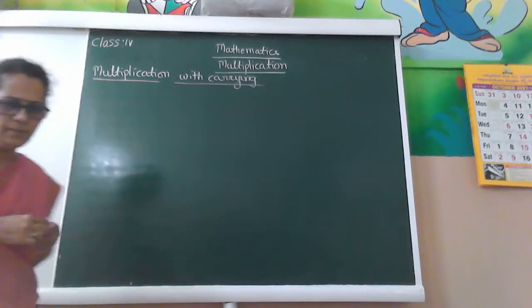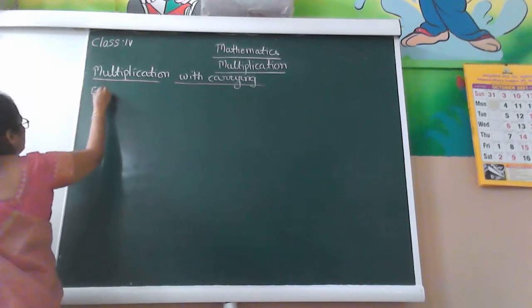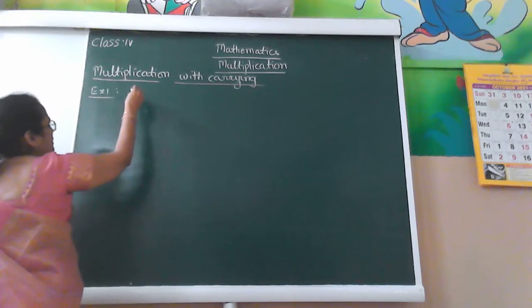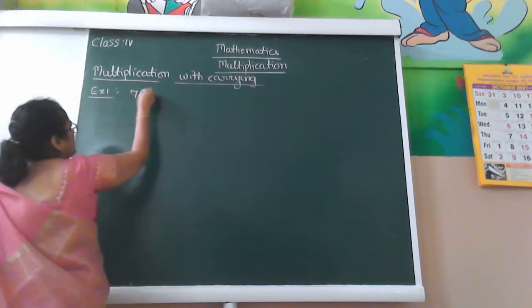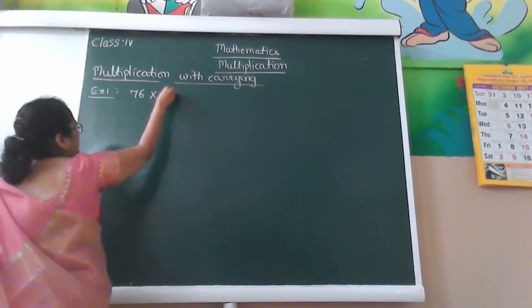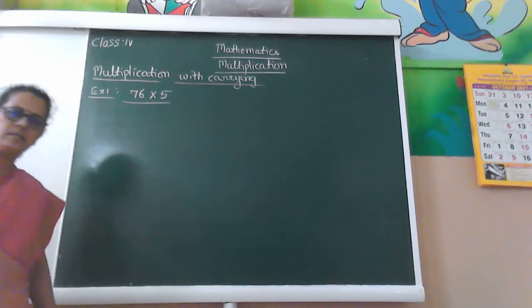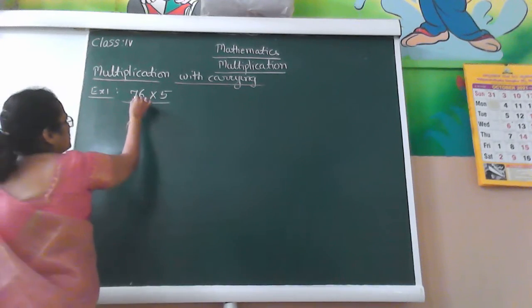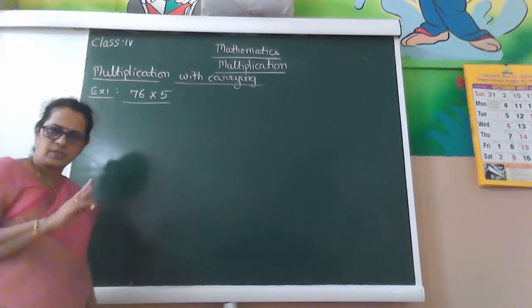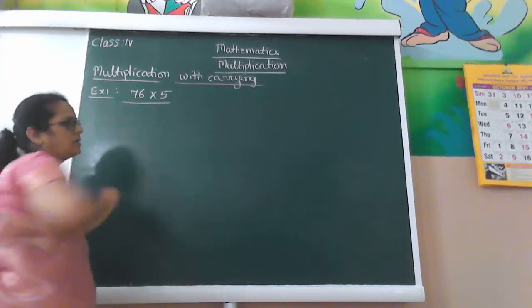For example, I'll do some example sums. Let us say 76 into 5. 76 is a 2 digit number and 5 is a 1 digit number.